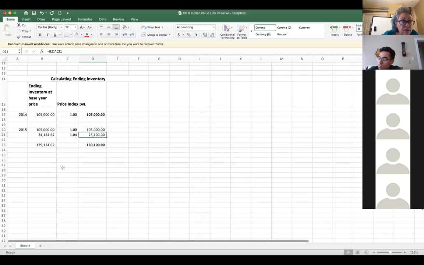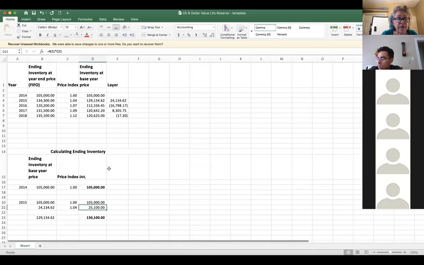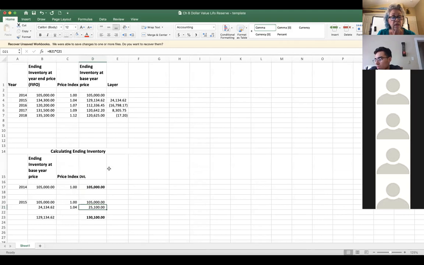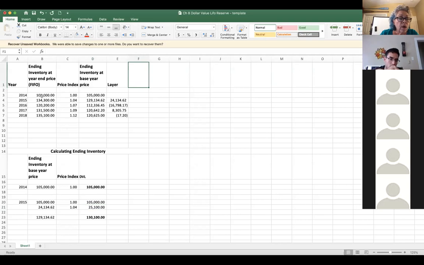All right, so now let's go to figuring out how we handle this from a journal entry standpoint. Companies are maintaining their inventory in their general ledger. Their inventory is going to be at FIFO.